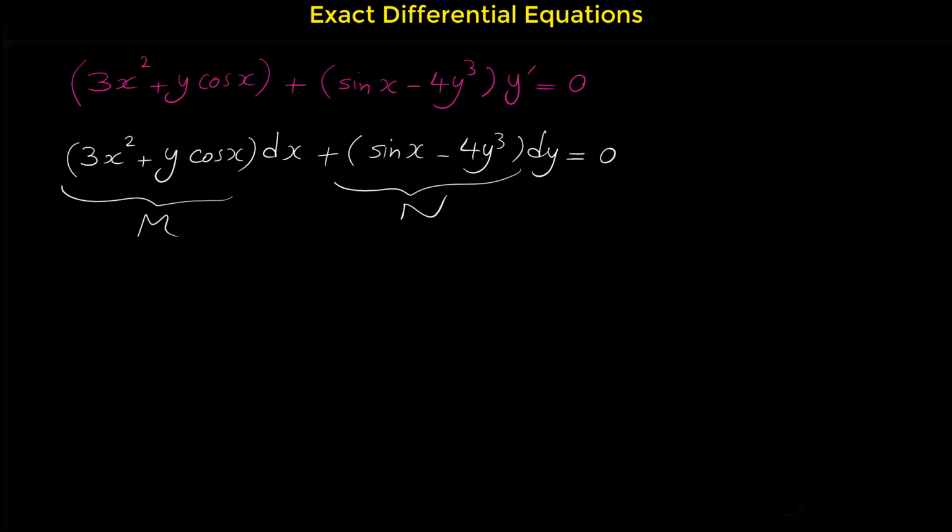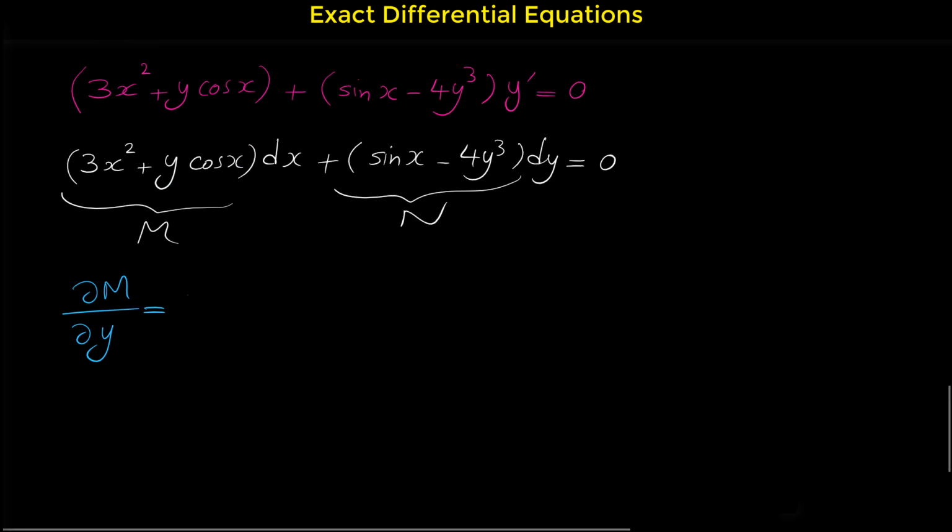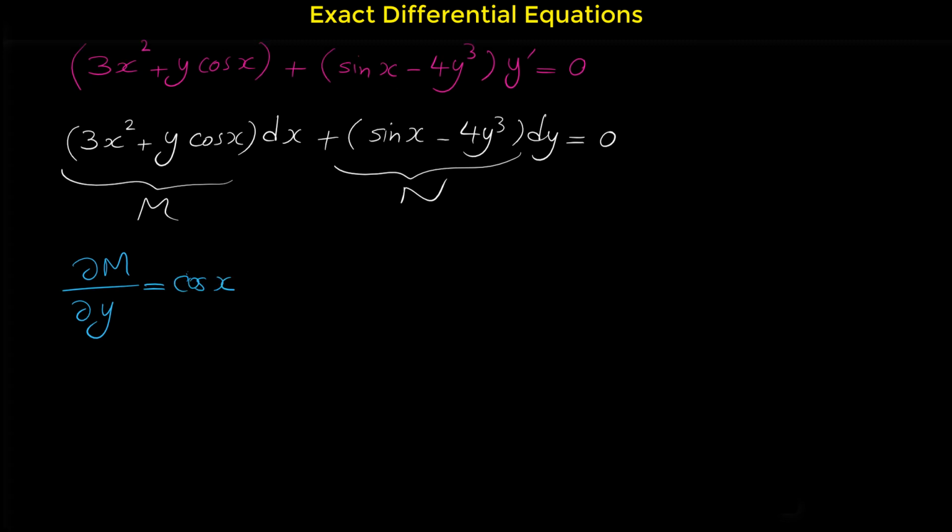Now, first we have to check to see if this is an exact differential equation or not. The partial derivative of M with respect to y is, note that derivative of 3x^2 with respect to y is 0, and derivative of y cos x with respect to y is cos x.